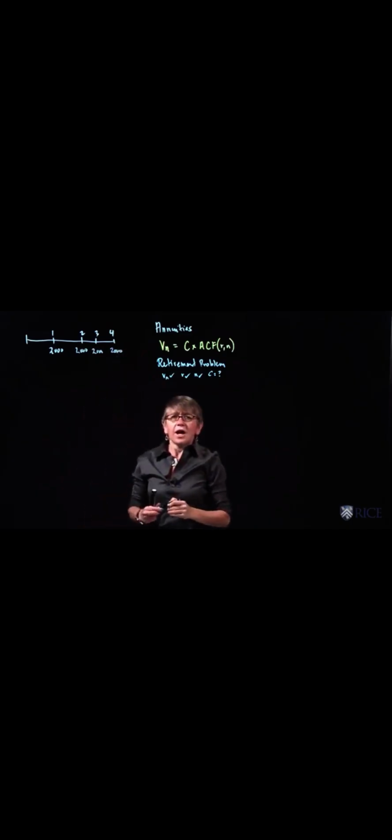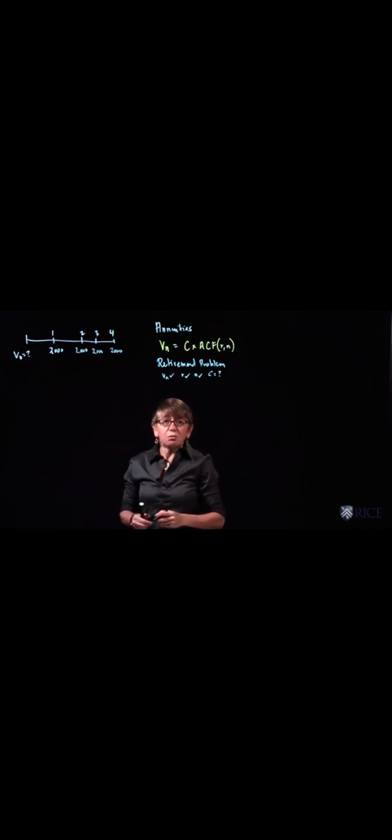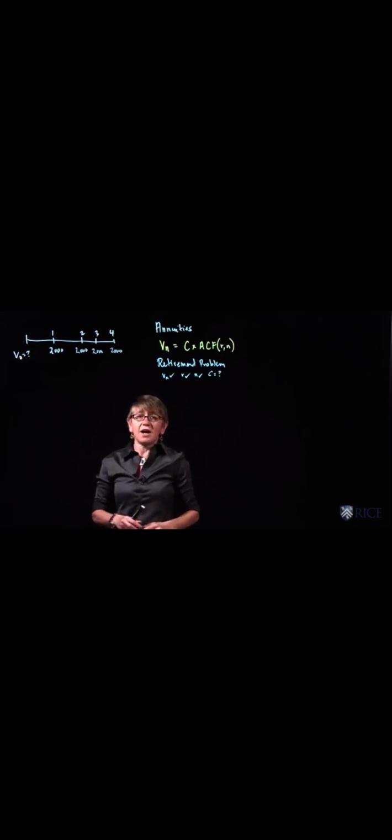What we're looking for is the present value. In other words, the question might be, how much would you be willing to pay to receive this annuity if the opportunity cost of capital, or the interest rate, is 5% per year?